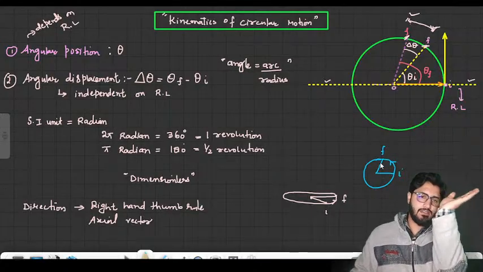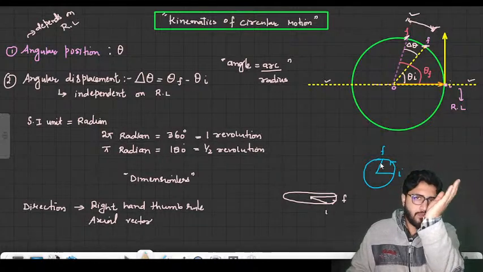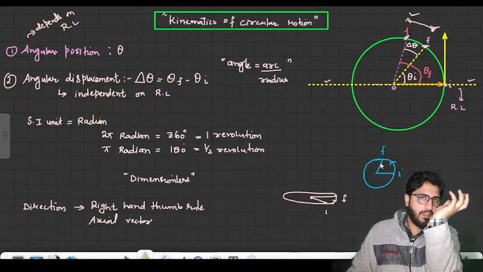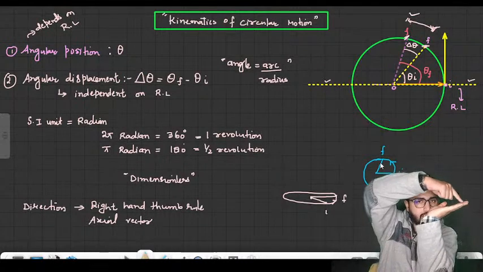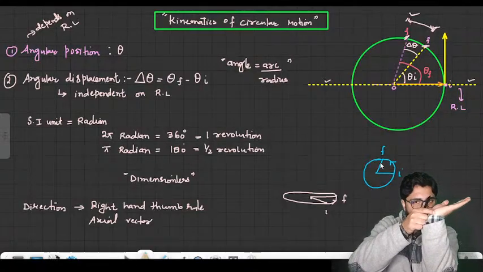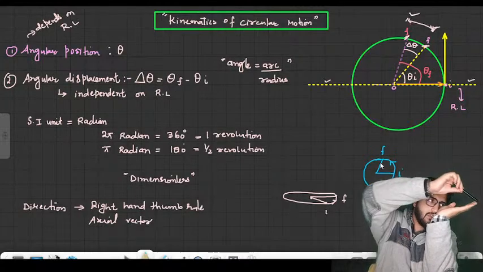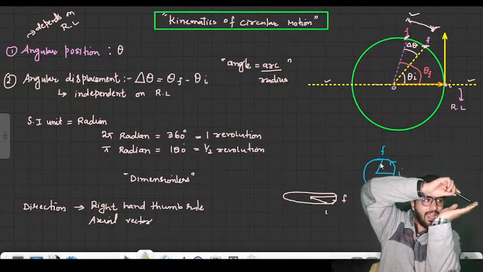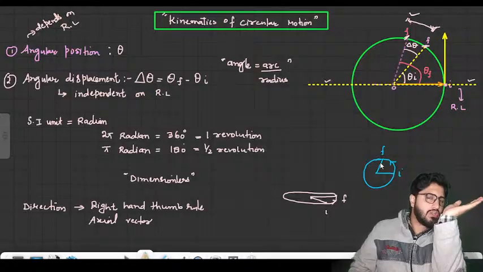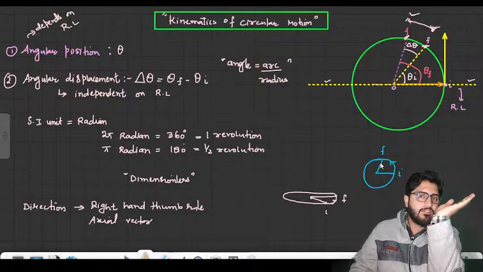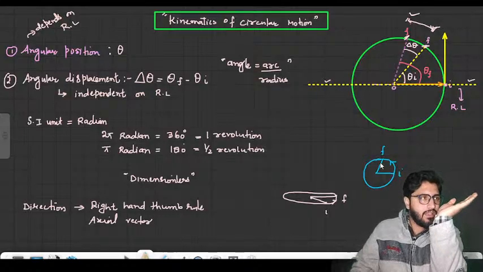Take my right hand, put it on the initial one. My fingers should be towards the object, and this particular thing should be on the origin. Now look, particle is going in anti-clockwise way. That means you need to bend your fingers in the same way.